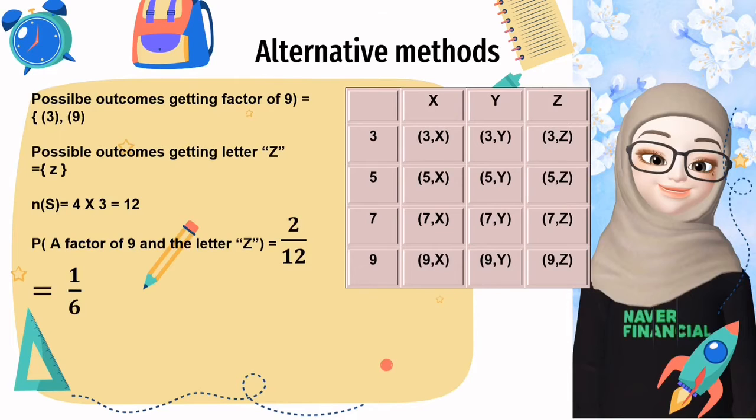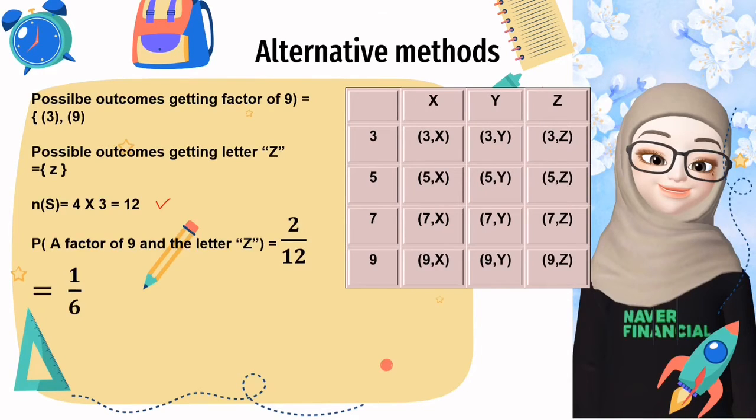Okay, and we can use another method, that is the table. So we list down all the outcomes. Okay, X, Y, Z, 3, 5, 7, 9. And remember, this is an independent event. So we can just fill up all the boxes here. And then the total outcomes are 1, 2, 3, 4, 5, 6, 7, 8, 9, 10, 11, and 12. So 12.